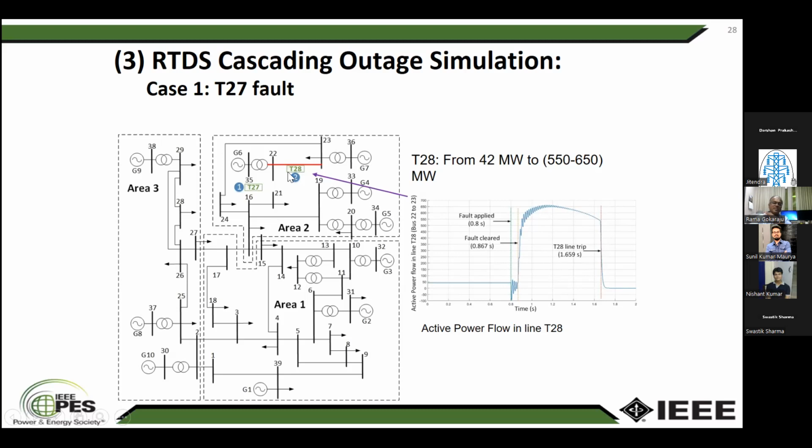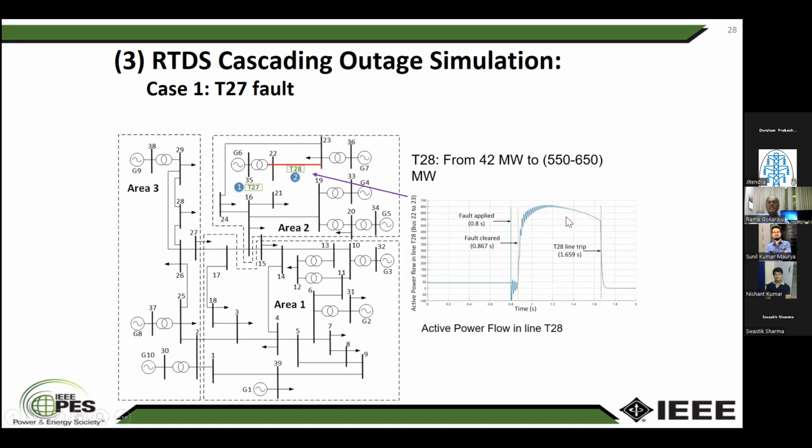Line number T28 got overloaded. From 42 megawatts, it went to 550 to 650 megawatts. The power flow increased from the original value, 42 megawatts, to 550 to 650 megawatts.